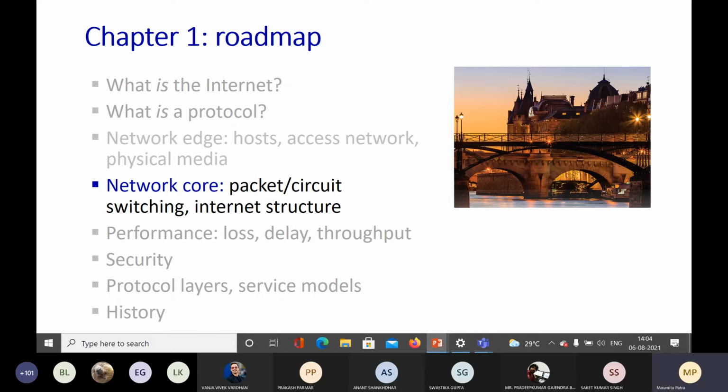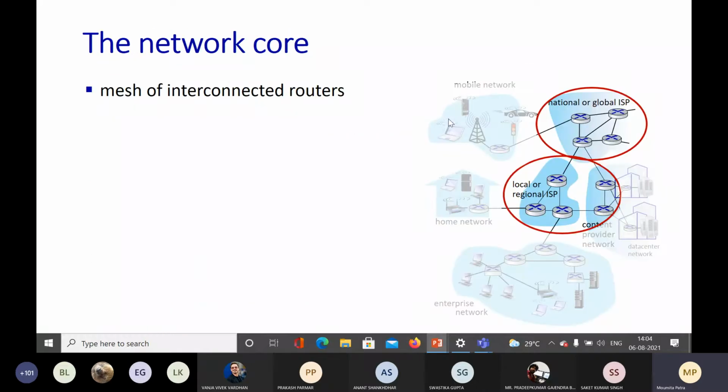All right. So in the last class we had talked about different access mediums, physical as well as wireless access mediums. In this class we are going to look at the network core. I am showing the same picture here as in the past few lectures, because this is the picture we use to visualize the internet.